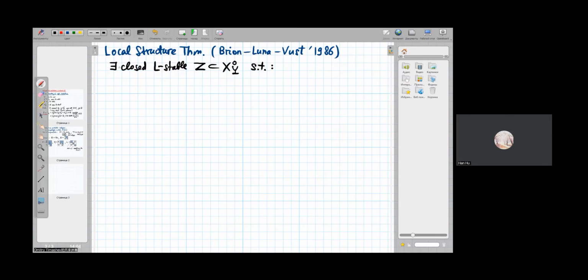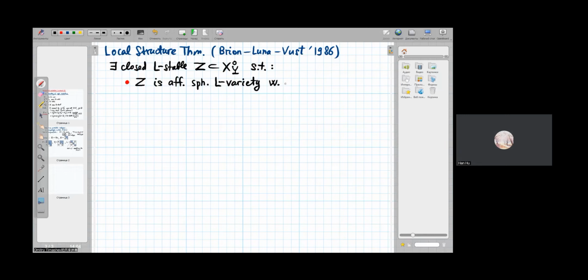So first, this Z is an affine spherical L variety. So it is spherical for the action of L, not for the action of G. It is not stable under G. With the unique closed orbit, we know that an affine spherical variety is simple.